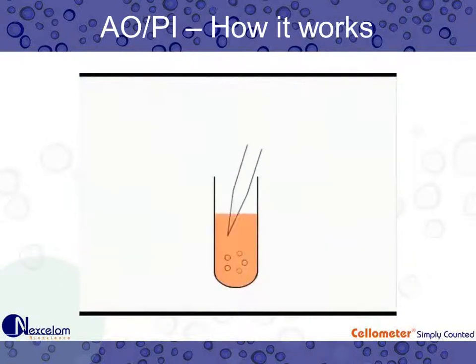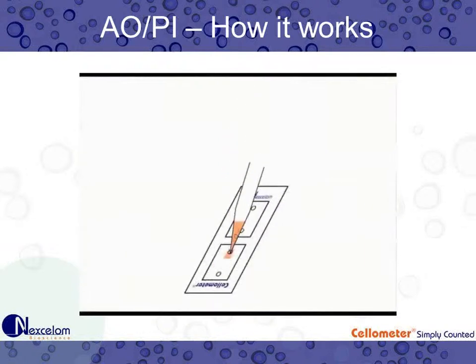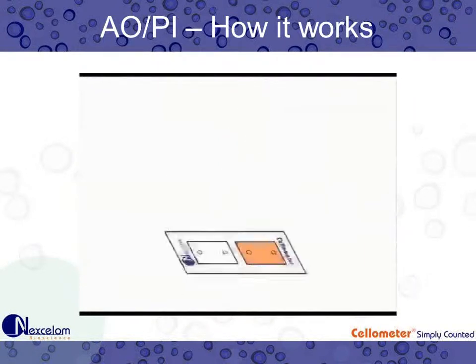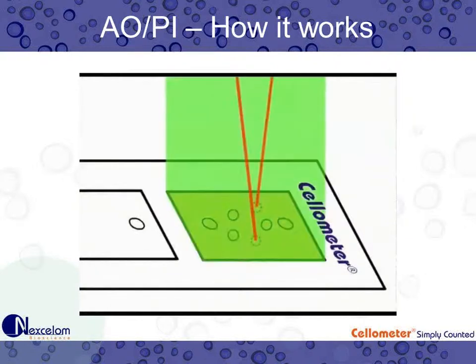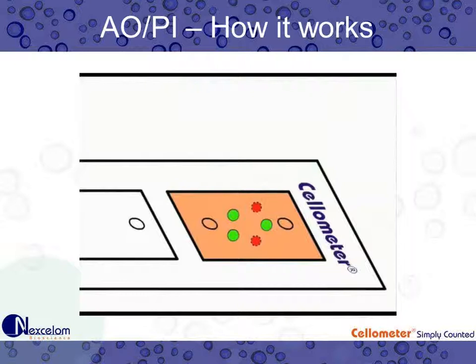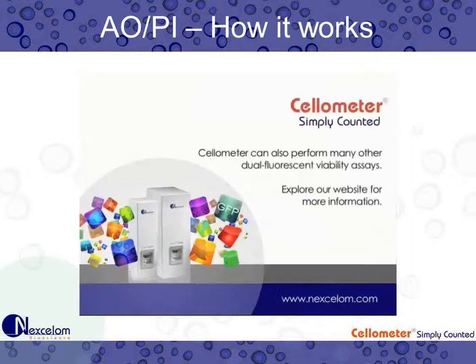To perform a Cellometer AO-PI assay, load stained cells into a counting chamber. Insert the chamber into the Cellometer. Cellometer automatically performs cell image acquisition and image analysis. Typical assay time is less than 60 seconds. Cellometer can also perform many other dual fluorescent viability assays. Explore our website at Nexcelom.com for more information.